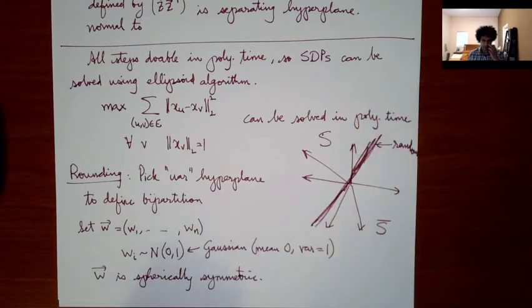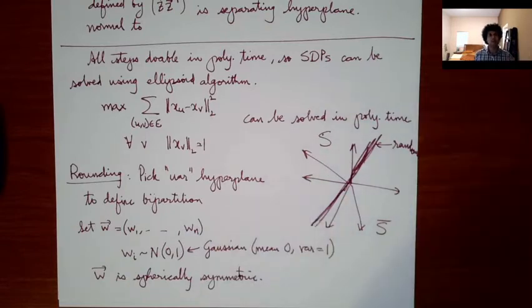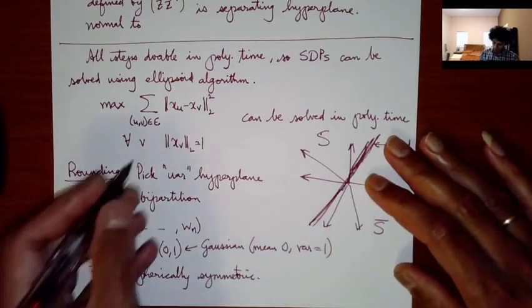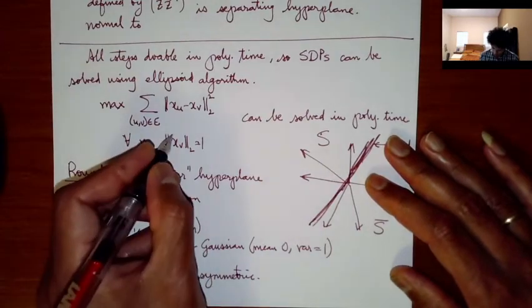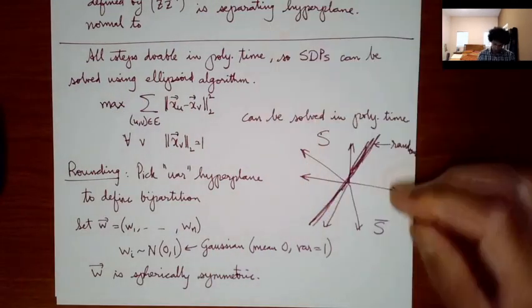I don't want to get into the details of why that's the case. You can check this by computing the PDF of this distribution. Spherically symmetric means that it essentially gives you a random direction. And then, remember, we have these vectors over here.